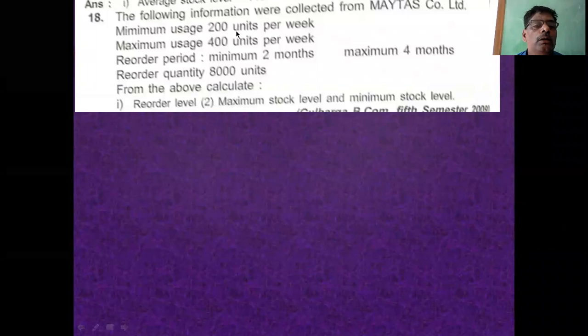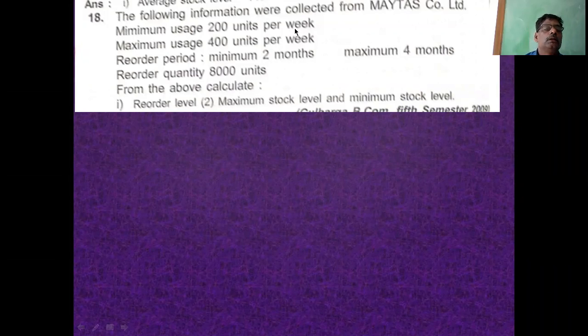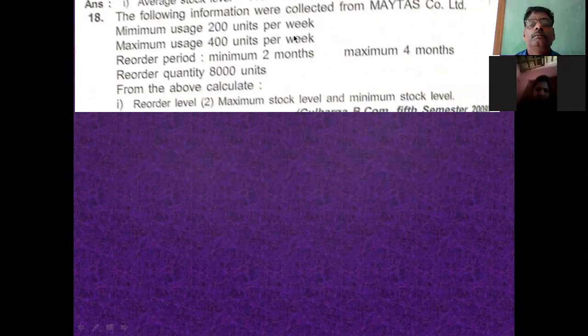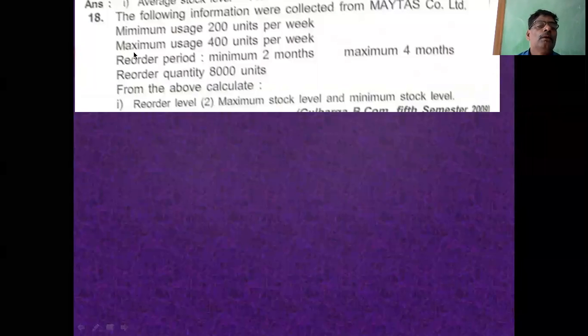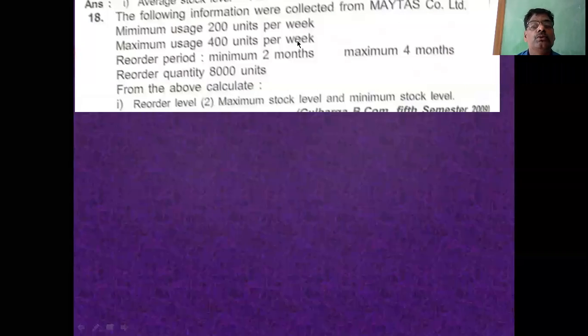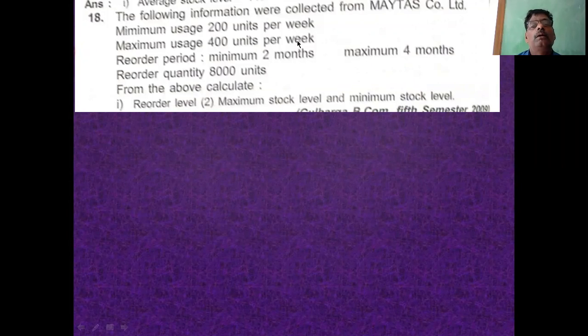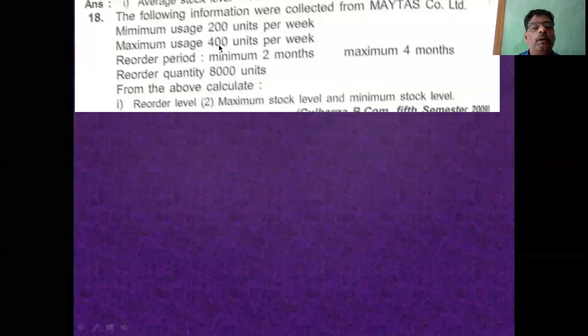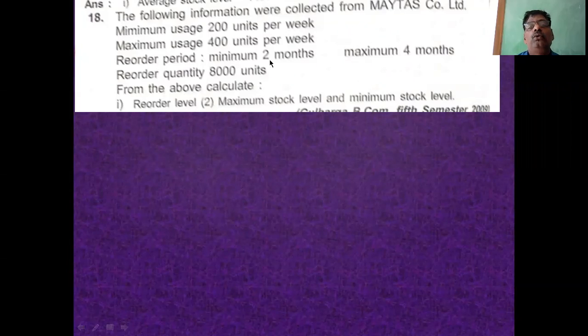Minimum usage 200 per week. Maximum usage 400 per week. Usage means consumption. Maximum quantity used 400 units per week, minimum quantity used 200 units per week. Reorder period 2 months minimum, 4 months maximum.